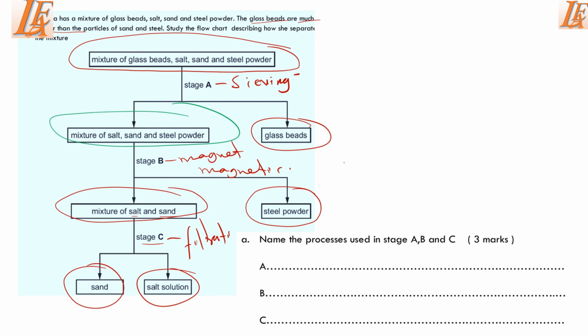So in this case, the question is asking, name the process used in stage A, B, and C. So in A, you did what we call sieving to sieve out glass beads and also obtain salt, sand, and steel powder. In stage B, used magnetic separation, where steel powder will be attracted by a magnet, leaving behind salt and sand.